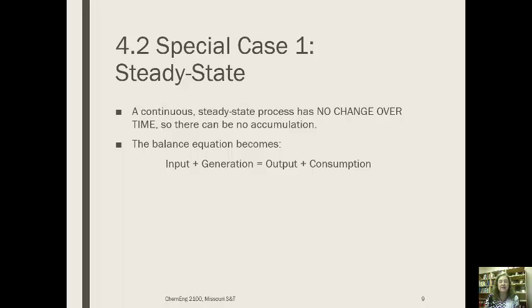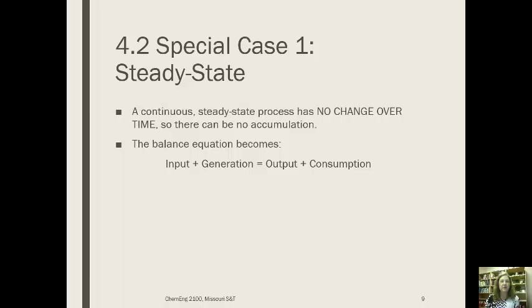Accumulation, just by its definition, means that there's change happening over time. So the balance is just input plus generation minus output minus consumption equals 0, or it's much easier if you say input and generation are equal to output and consumption. So we have the in equals the out, and then we also have the reaction component here.